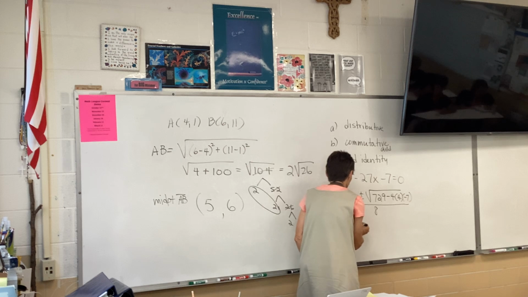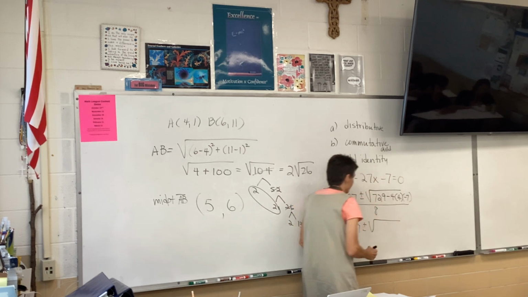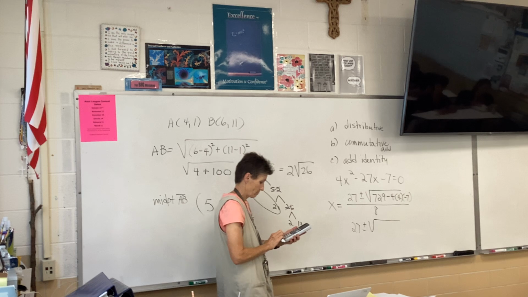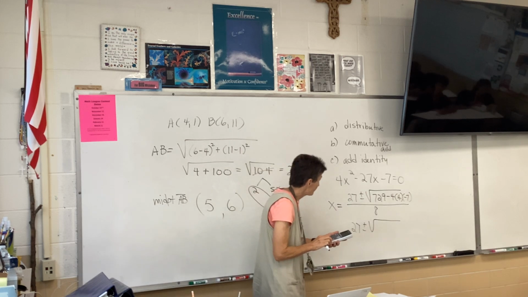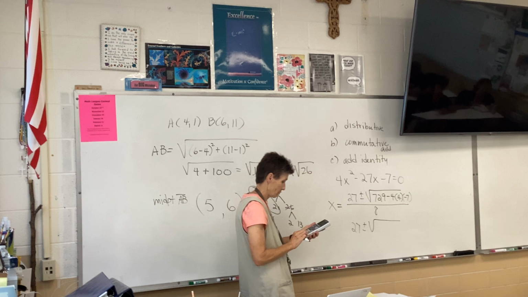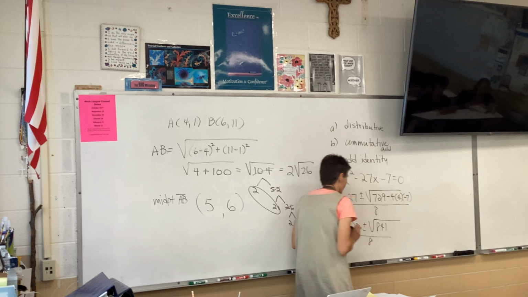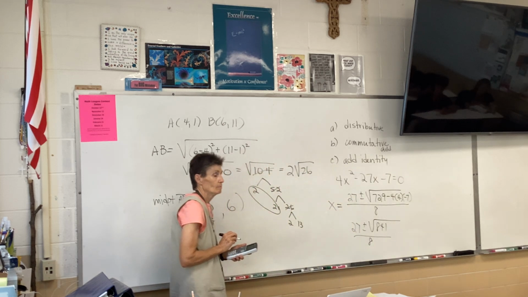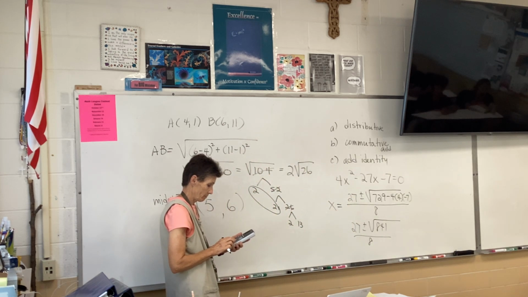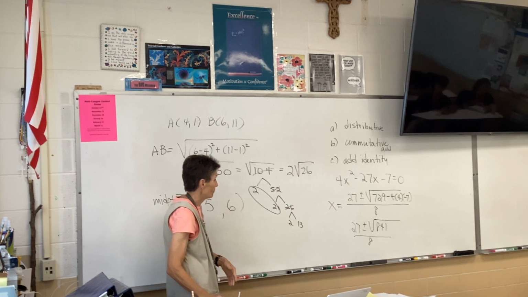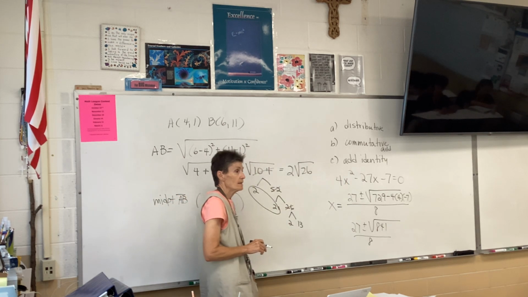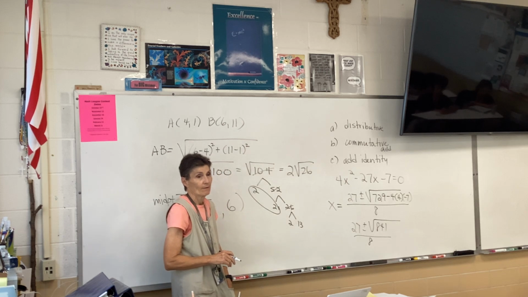So 27... You're not going to believe this, but 841 is a perfect square.